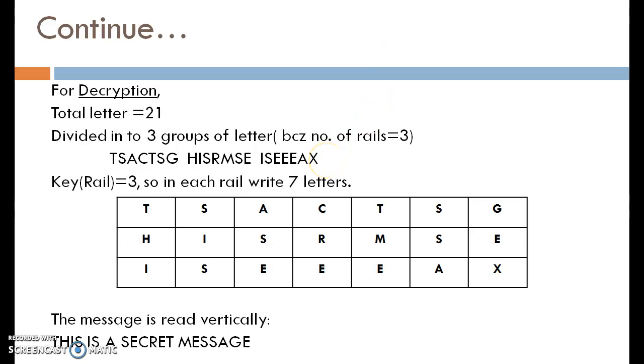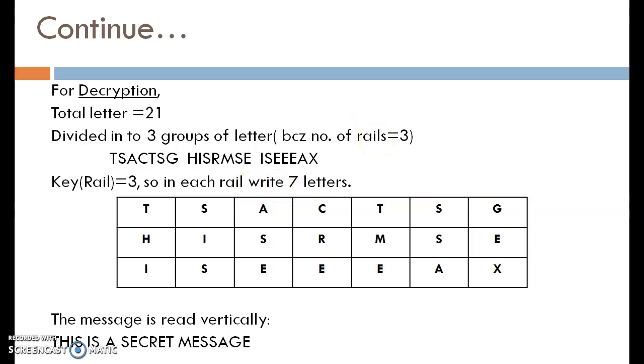So we divide the number of letters by the key, that is the rail count. So 21 divided by 3. Now we divide our ciphertext message into 3 groups, 7, 7, 7. So for each rail, that means for each row, we write 7 letters.